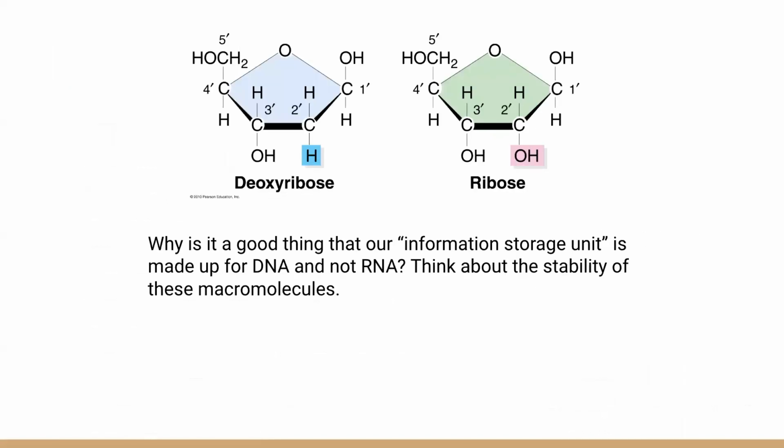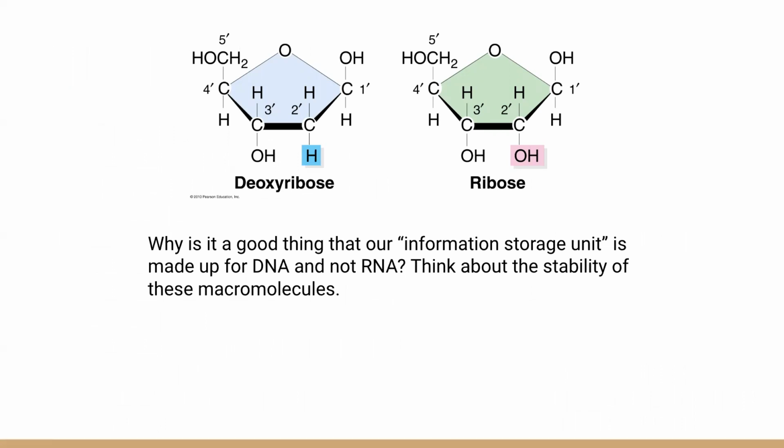All right, so why do you think it's a good thing that our information storage unit, which is our DNA, is made up of DNA nucleotides and not RNA? This has to do with that extra OH group on the 2' carbon. It's more stable. Yeah, exactly.